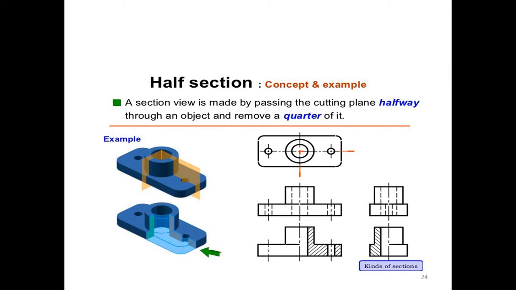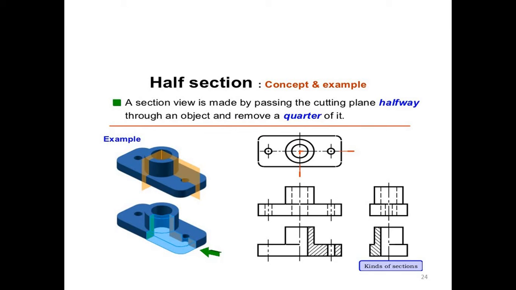From the figure it is clear that, by looking at this isometric view, one inner diameter, that is a bore, is there, and 2 small holes are there, and the red line shows the sectional lines or cutting planes of the component. In the top view there are two views: one is without section and the second is with a half section.